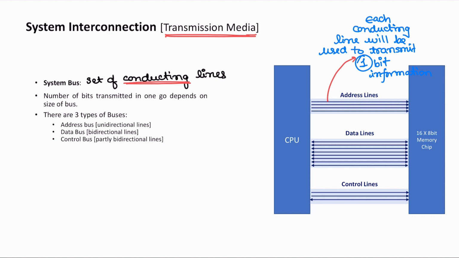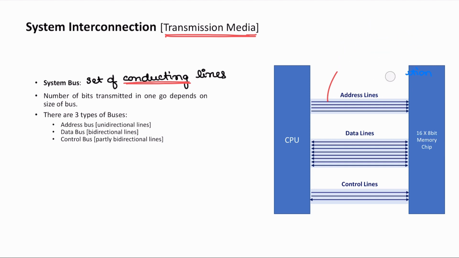Since it transmits one bit of information, it will be either sending or receiving 0, or sending or receiving 1.